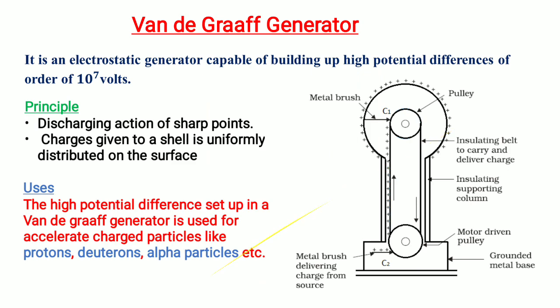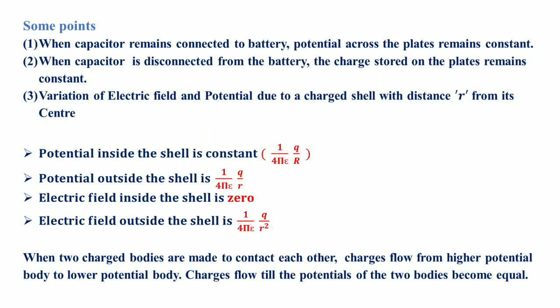There are some points you have to remember. When the capacitor remains connected to the battery and is fully charged, the potential is constant. When the capacitor is disconnected from the battery and not connected anywhere, it can hold that charge for a long time, so it is also constant.